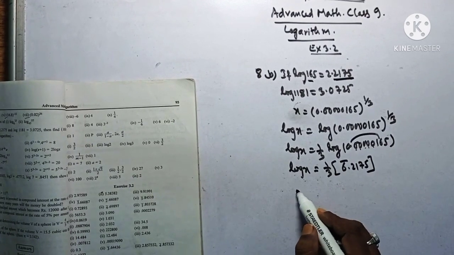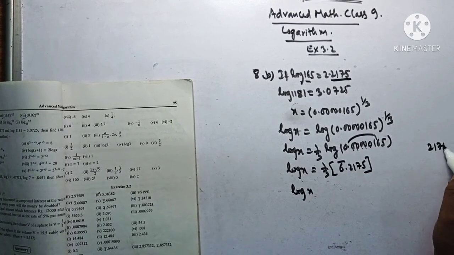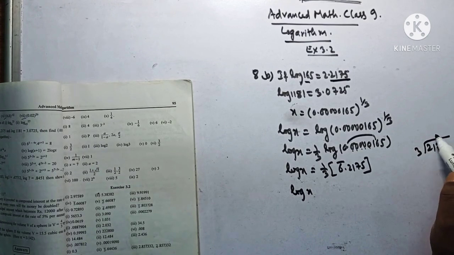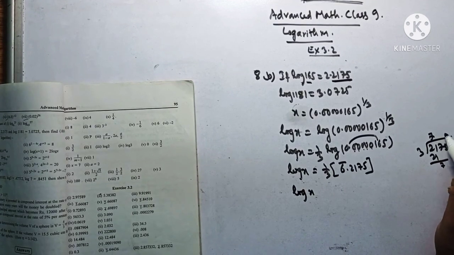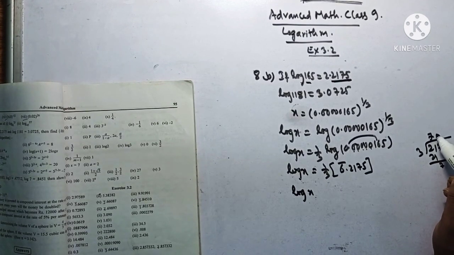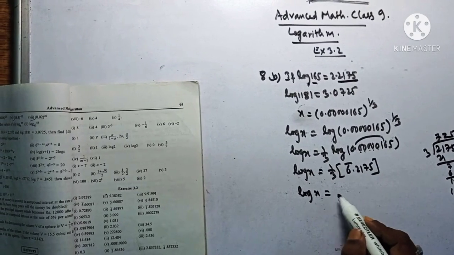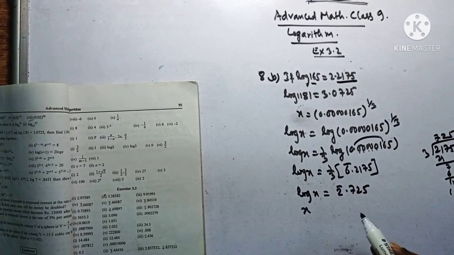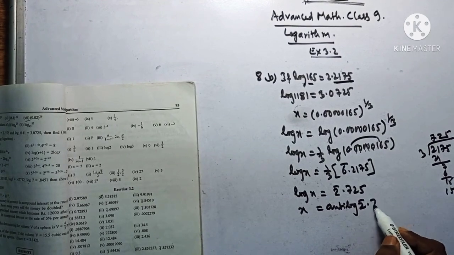Now if you divide log x by 3, that is 6 bar 2175 divided by 3: 3 sevens are 21, 3 twos are 6, 3 fives are 15. So it comes out to 2 bar 0.725. So your x will be equal to the anti-log of 2 bar 0.725.